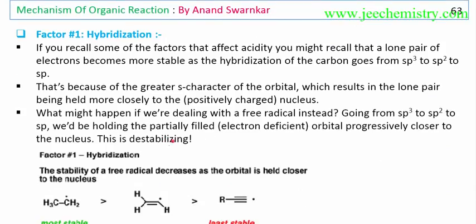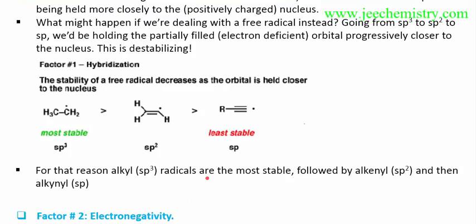The first factor is hybridization. This is sp hybridization, this is sp2 hybridization, this is sp3 hybridization. sp hybridization means 50% s character, 50% p character; this is 33% s character; this is 25% s character.